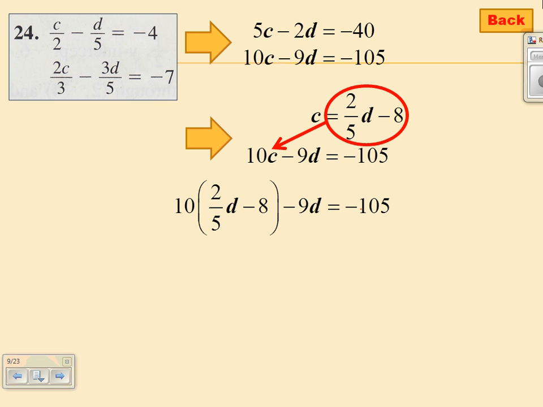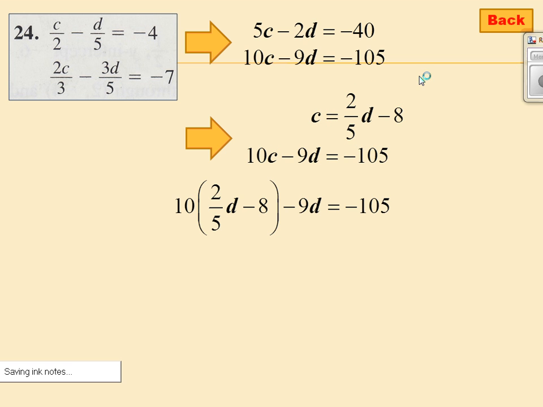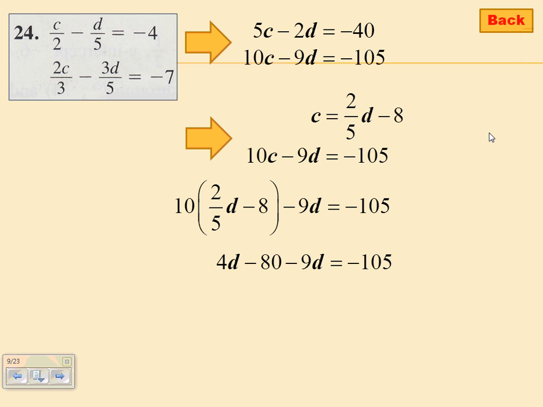If I do the distributive property correctly, I then get 4d minus 80 minus 9d equals negative 105. If I simplify that, I get negative 5d minus 80 equals negative 105.